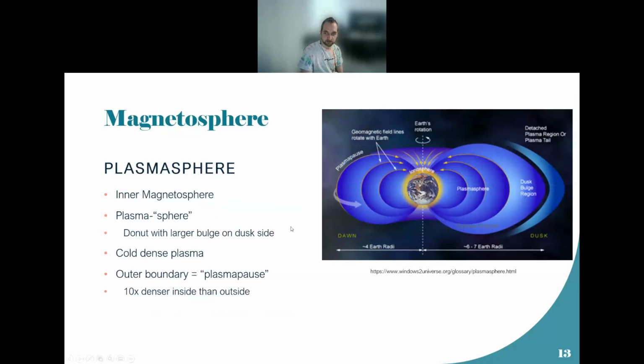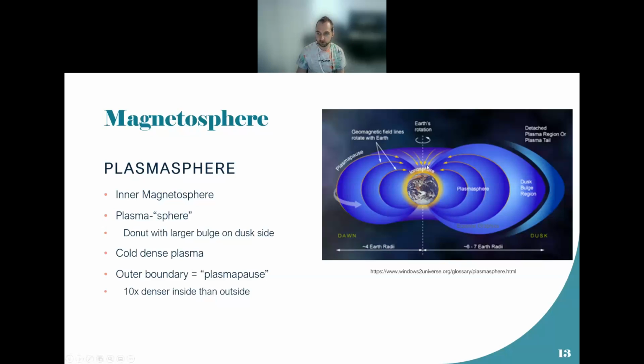The inner magnetosphere is called the plasmasphere. They're the same thing. The plasmasphere is not actually a sphere, it's a donut shape. The ionosphere was actually a sphere, shown here in yellow, and outside of that is the plasmasphere in blue.